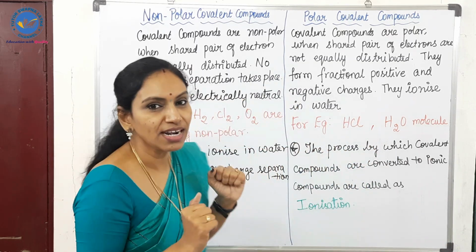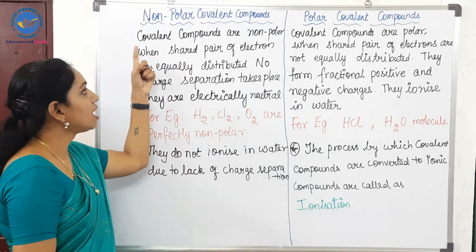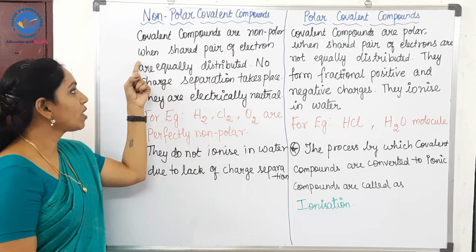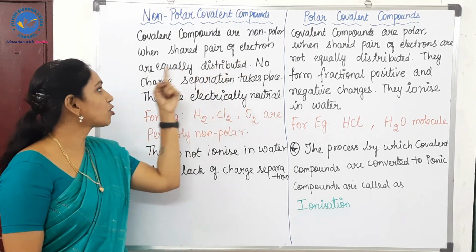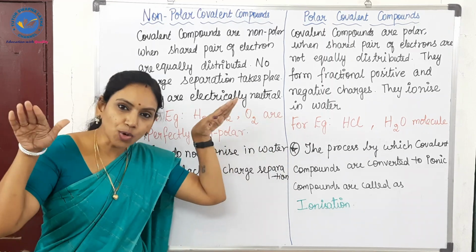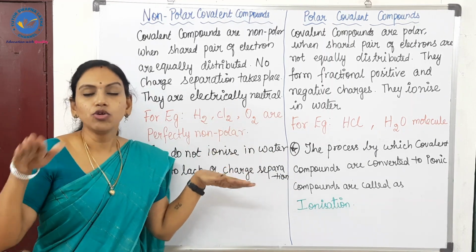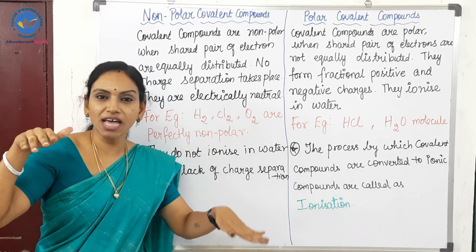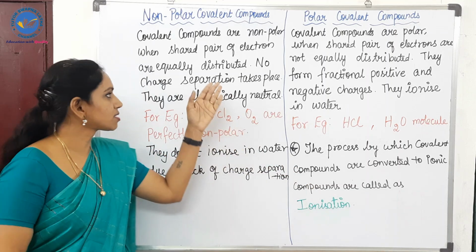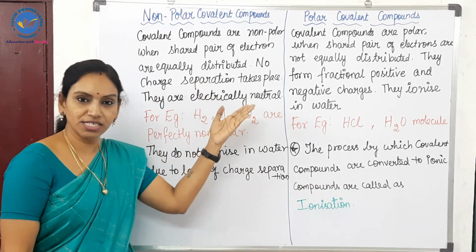So let's see the definition. Covalent compounds are called non-polar when the shared pair of electrons is equally distributed. Nobody has very high, nobody has low. Both of them have equal numbers of electrons. So no charge separation takes place.